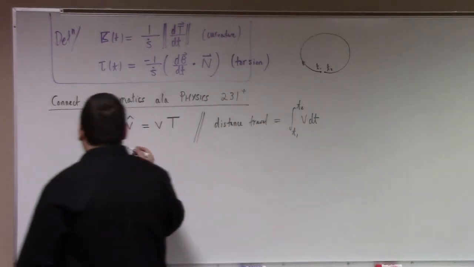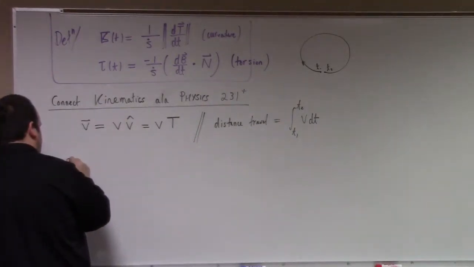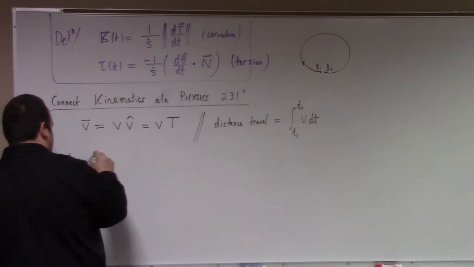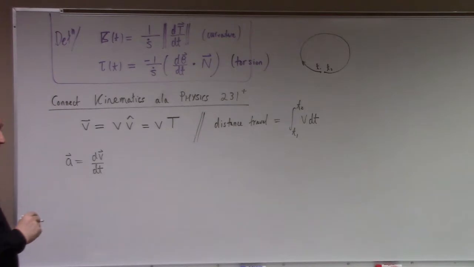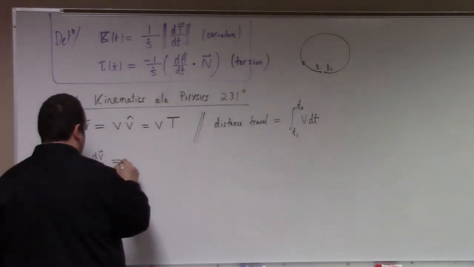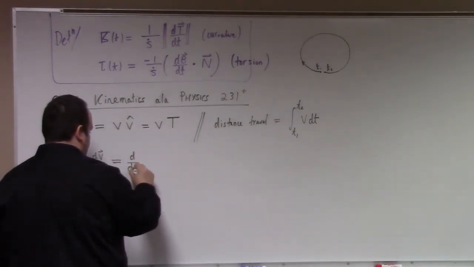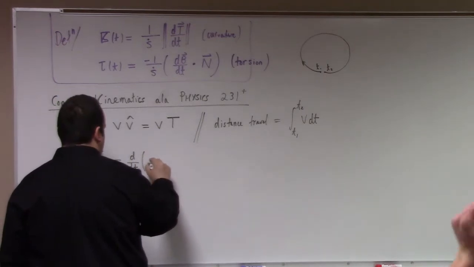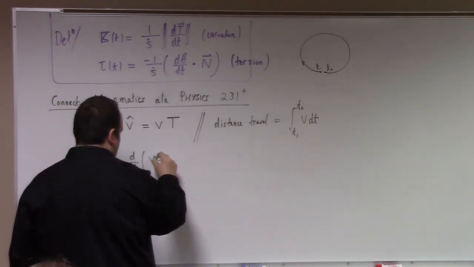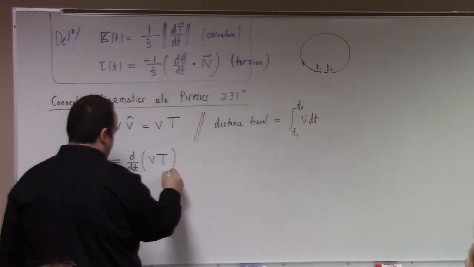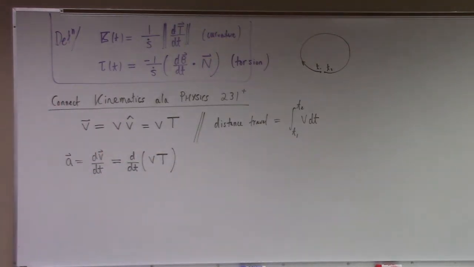All right, so next order of business would be acceleration. What's acceleration? Acceleration is dv/dt. I did this calculation for you guys another day, but let's do it again. So dv/dt would be the derivative with respect to time of v times T, the unit tangent.